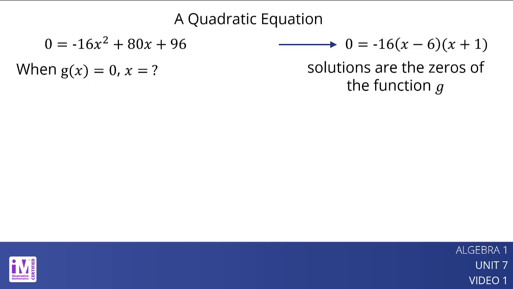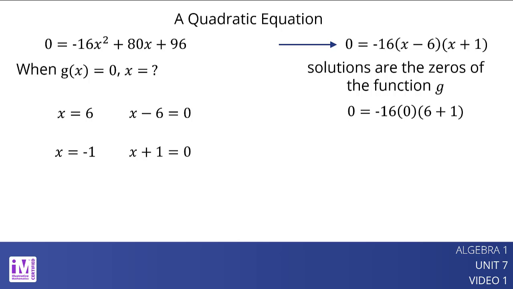We can reason that if x is 6, then the value of x minus 6 is 0. So the entire expression has a value of 0. If x is negative 1, then the value of x plus 1 is 0. So the entire expression also has a value of 0.